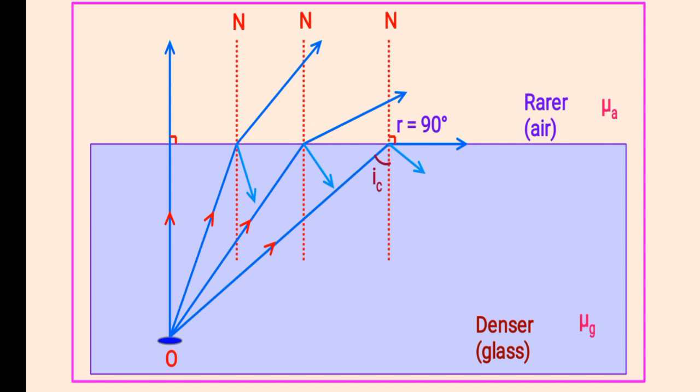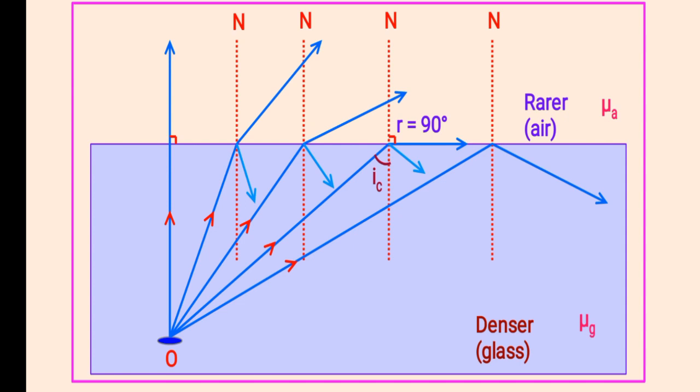Now we are at the climax of the mechanism. When we increase the angle of incidence beyond the critical angle, we can see the magic of this mechanism. What is the magic? You may check in this diagram. There is no refraction, only reflection.